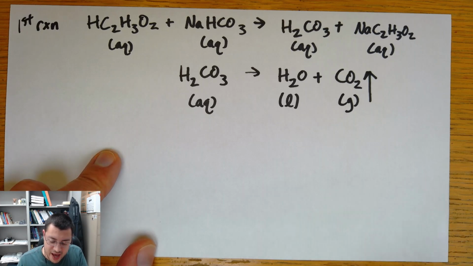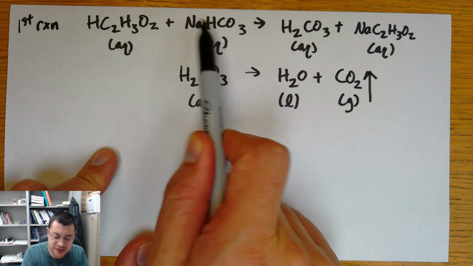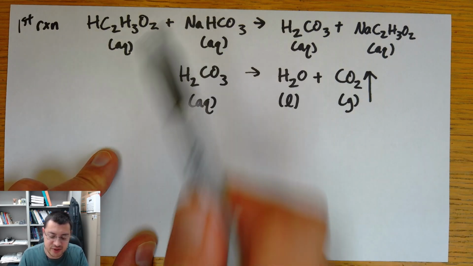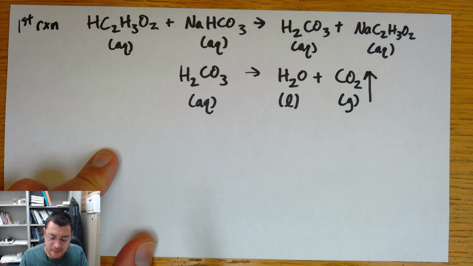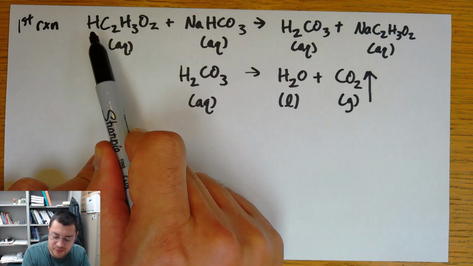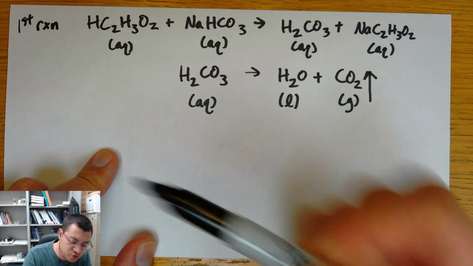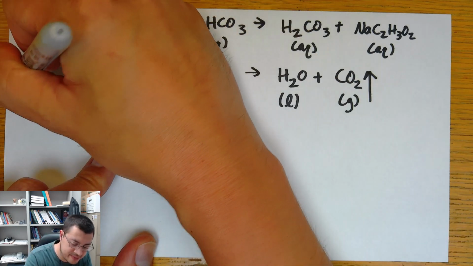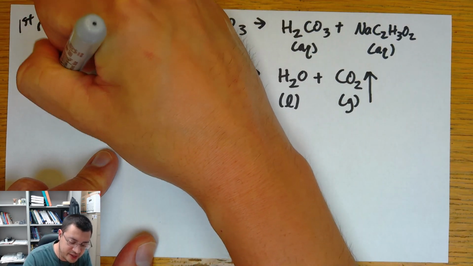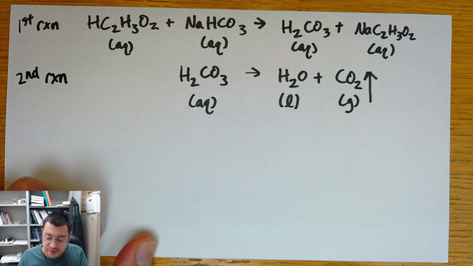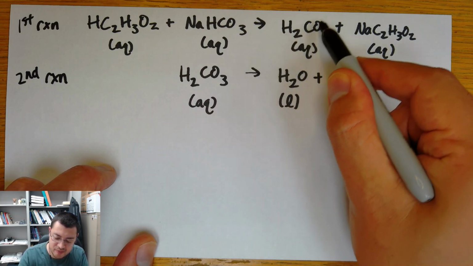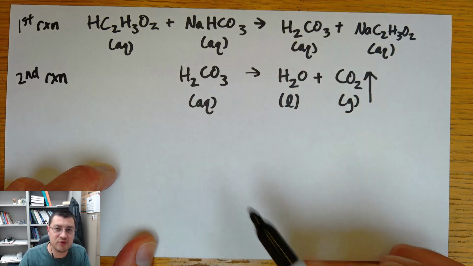All right, so they're asking you the answer for this reaction, acetic acid plus sodium bicarbonate. I feel the best way to answer the question would be with providing two reactions this way as your complete answer. If you were asked for an overall equation, then they would want the intermediate of carbonic acid removed.